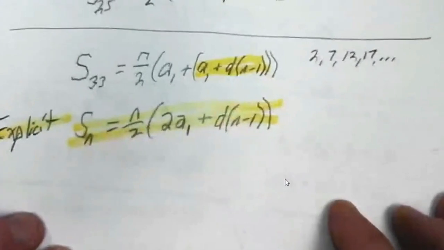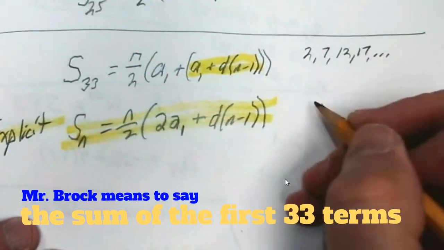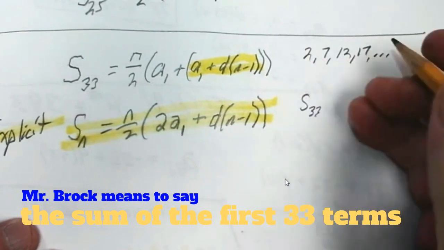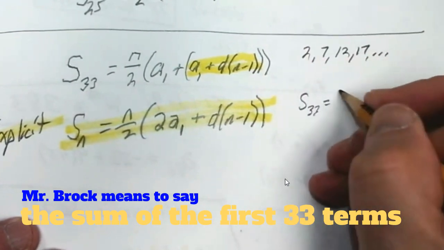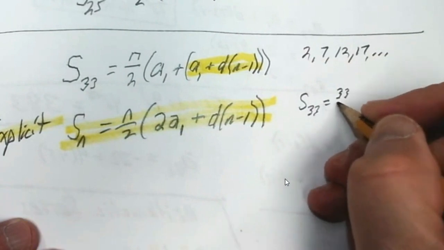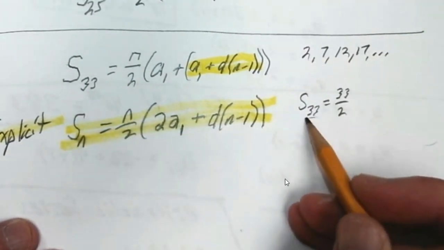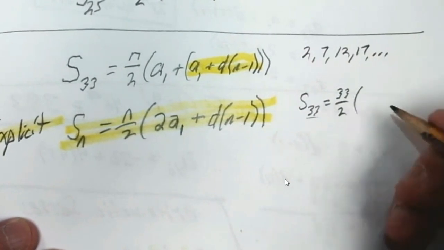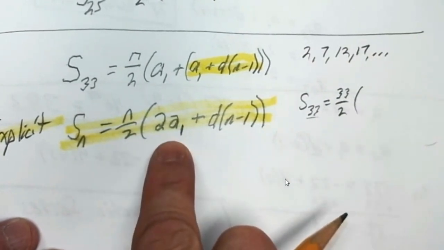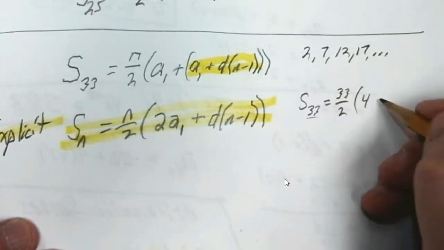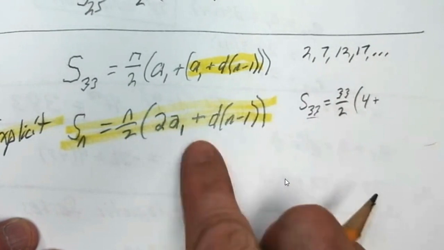Let's see if we can actually do that math. So the sum of the first 33 terms of this sequence would be 33 divided by 2, because it's n divided by 2. N is 33. Times 2 times the first term. The first term is 2. So 2 times 2 is 4. Plus the common difference.